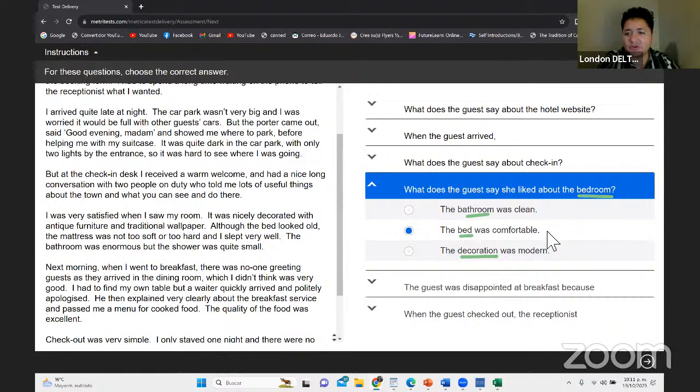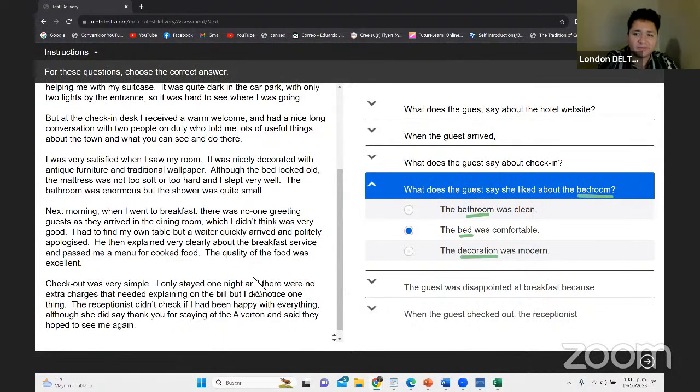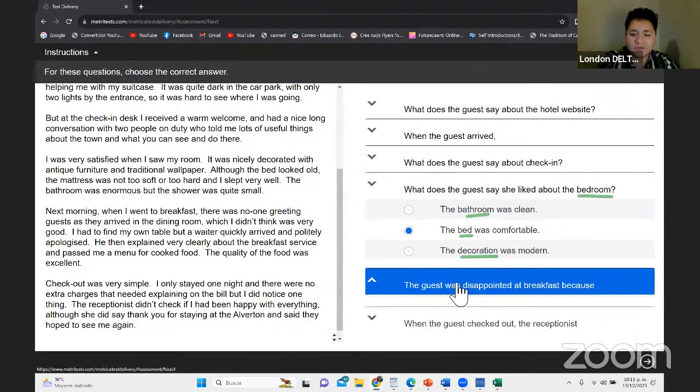They are not going to use the same words. Okay. The decoration was modern. It says it was antique, so it's not modern, right? Yes. Okay, very well. So you can continue like this, right?